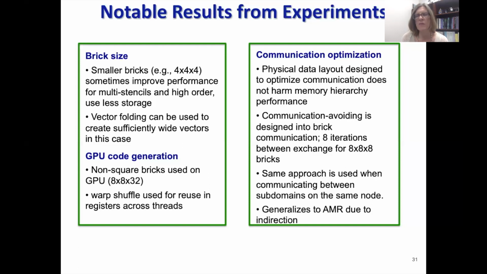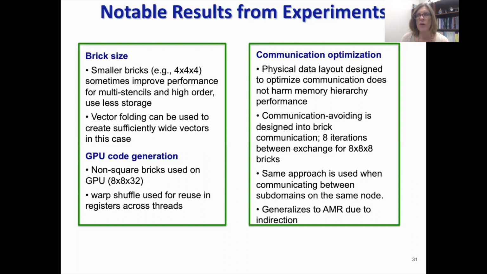The second thing I haven't really mentioned is communication avoiding, which is making the ghost zones larger than the stencil radius in order to trade off redundant computation with communication and reduce the frequency with which you need to exchange ghost zones.